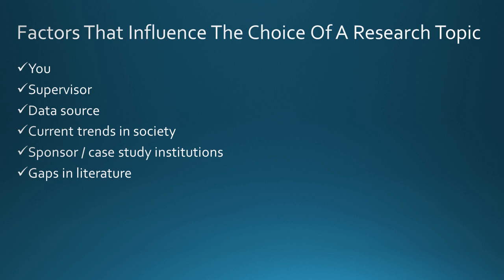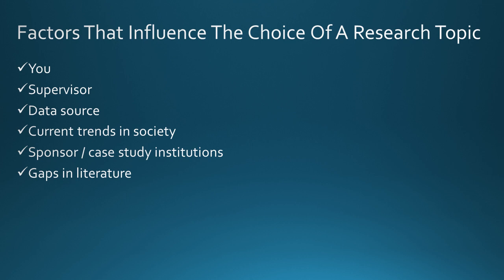Another factor is the current trends in the society. For example, someone can choose to research on COVID-19 because that's a current trend in society. Now, the next point. Researchers can also be restricted by the sponsor or funding agency. Most funding agencies have specific topics of interest which are based on their goals and objectives.